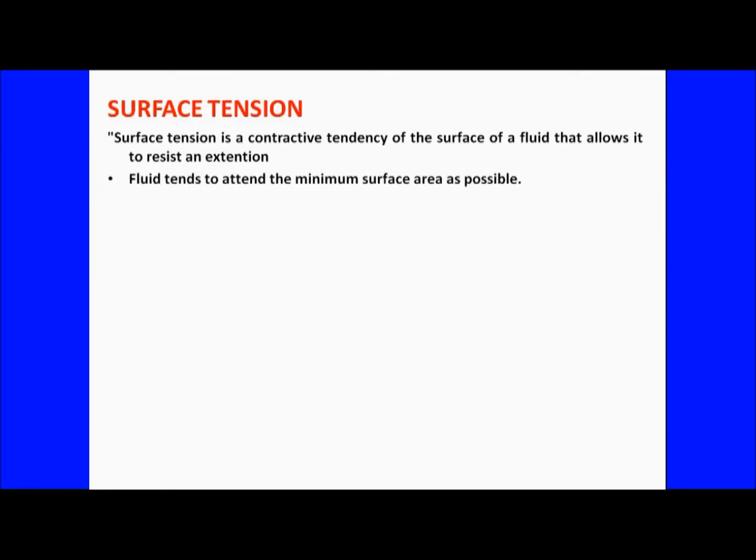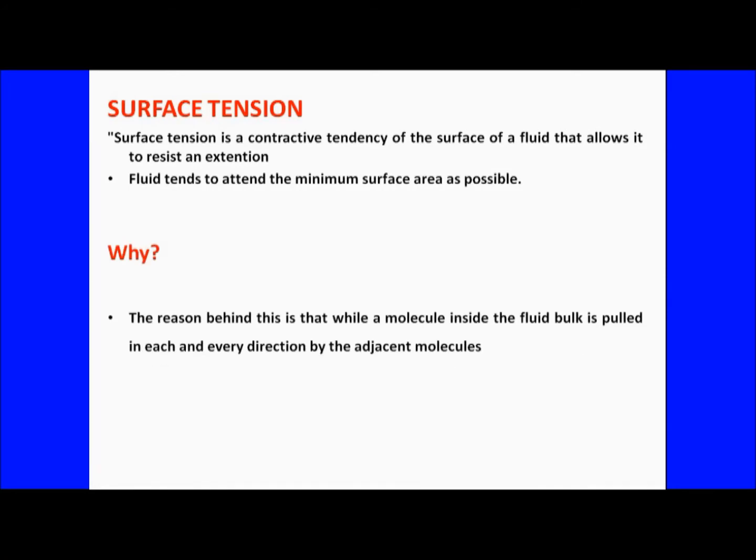It means the fluid never tries to expand itself, but this surface tension can be reduced when we use any external force. Now, any force you use to increase the surface area of a drop of liquid is equivalent to its surface tension.